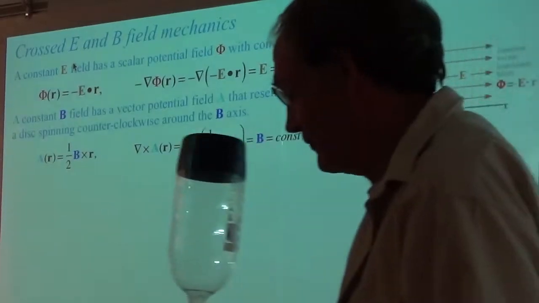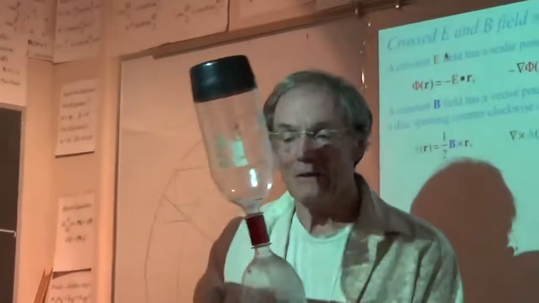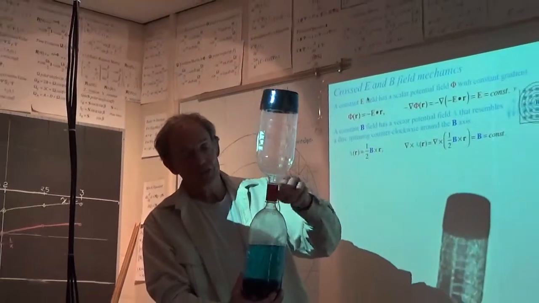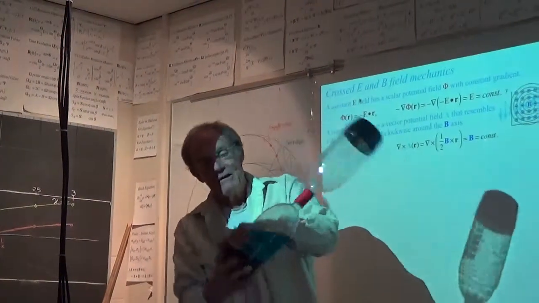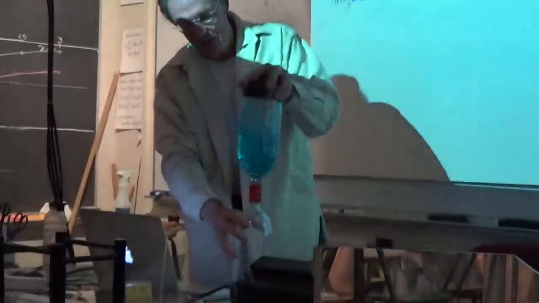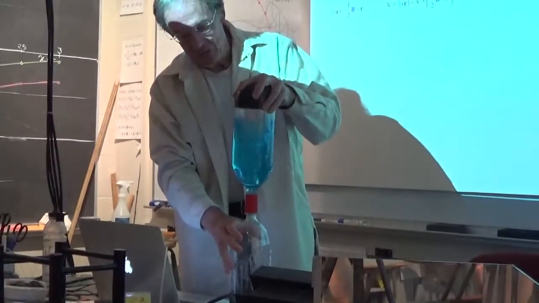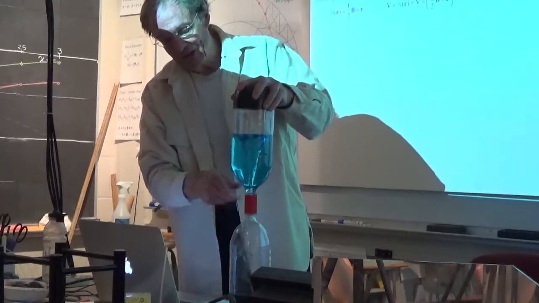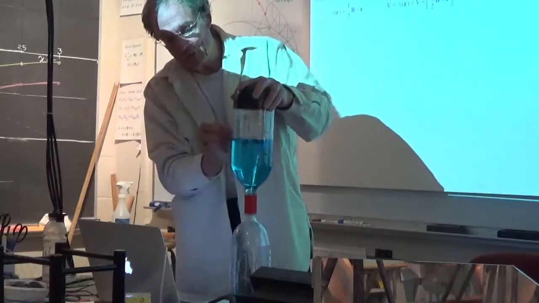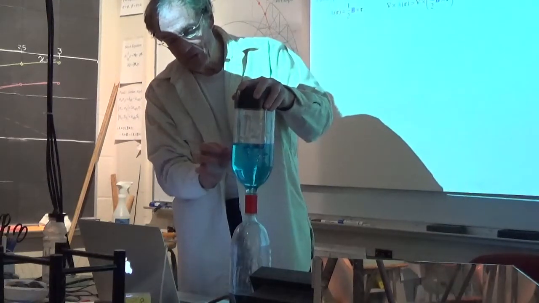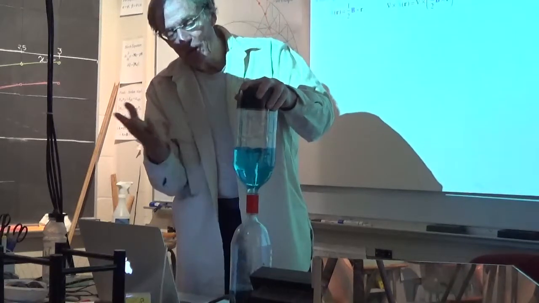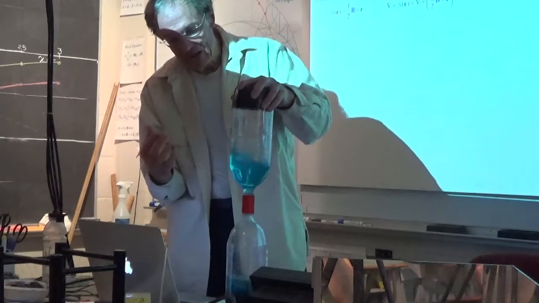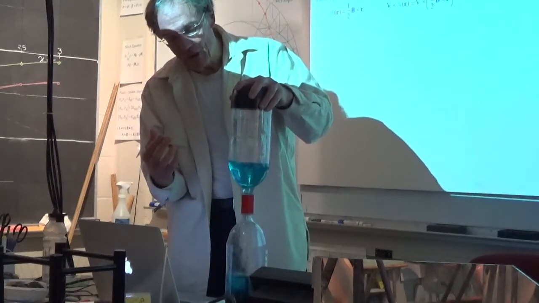This is just 2 Pepsi bottles glued together with a little separator here that makes about a half inch orifice for the liquid to flow in, and I can get this thing rotating by just turning it, and it makes a 1 over r squared if you measure radius outward from the center of that tornado. Okay. Now, if I kill that and just leave the thing rotating, well, it's sometimes hard to kill a tornado.